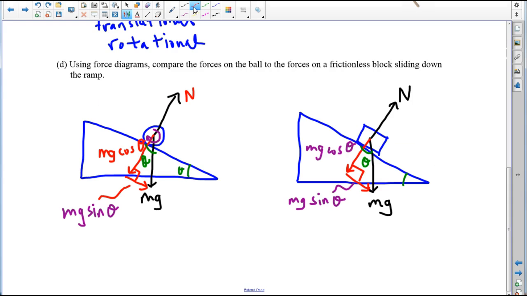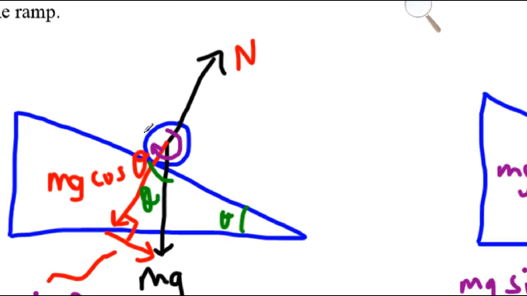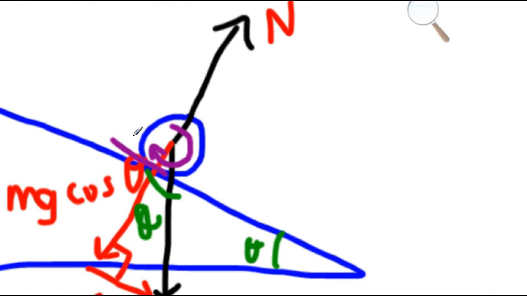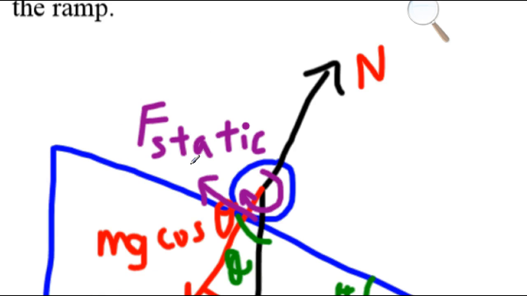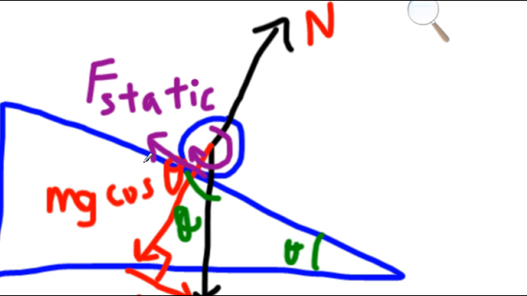Well, to speed this thing up, friction would have to point with the rotation. It's static friction because the thing is not sliding. It's gripping the ramp, gripping the incline. That's why it doesn't slip and slide, because it has grip, traction. That's what allows it to roll down without slipping. So the static friction is with the rotation in order to speed up the rotation.